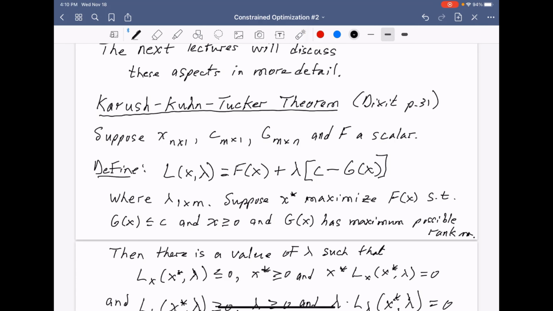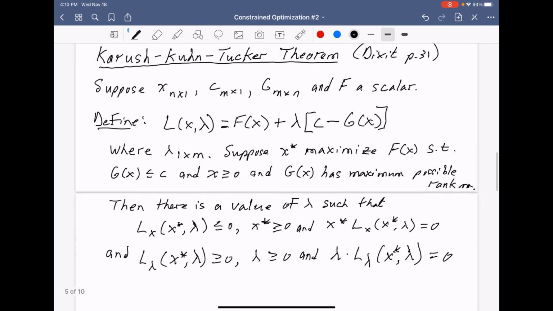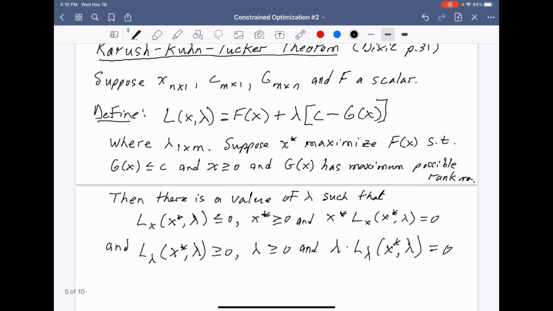Okay. Now, given that, there is a value of lambda such that the partial of L with respect to x, which is a function of the optimal x star and lambda, is less than or equal to 0, x star is greater than or equal to 0, and x star times Lx, the partial of L with respect to x, is equal to 0.